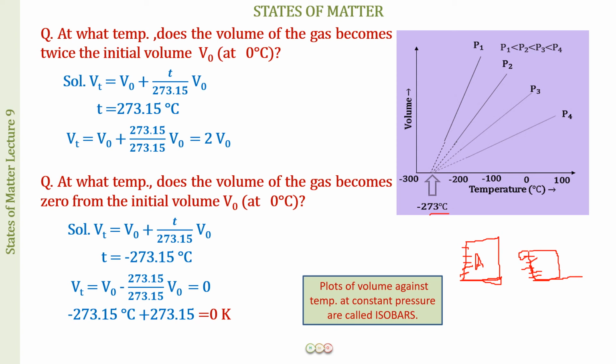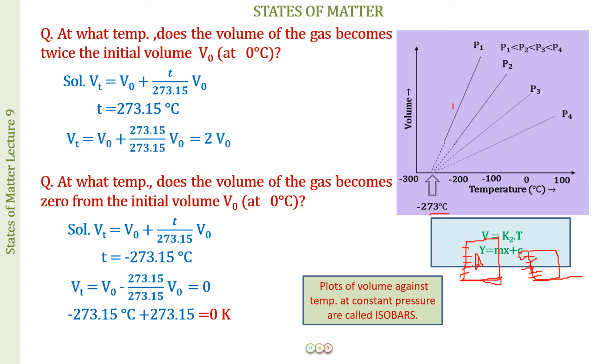So all these graphs, I hope you can understand now, will be converging to the same point, that is, they will be reaching 0 Kelvin. So all these graphs will be joining each other at 0 Kelvin.